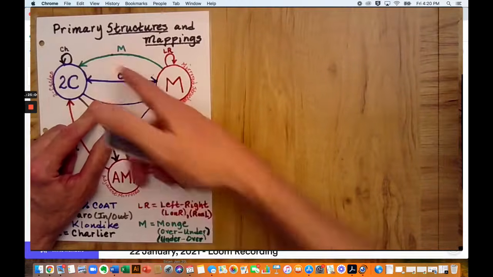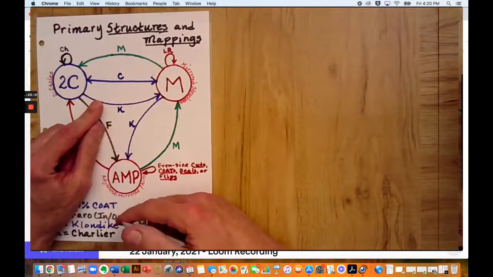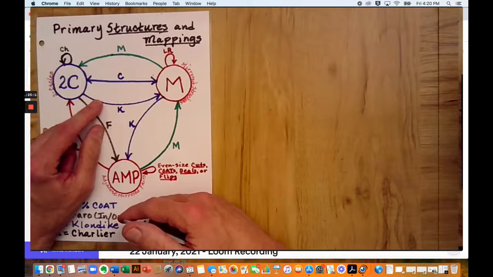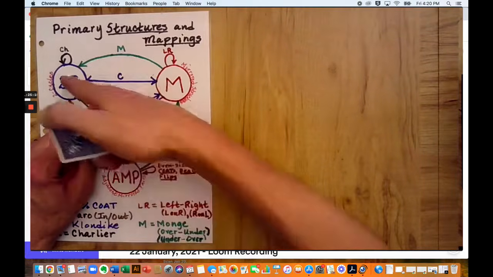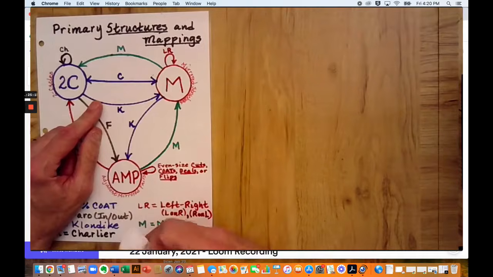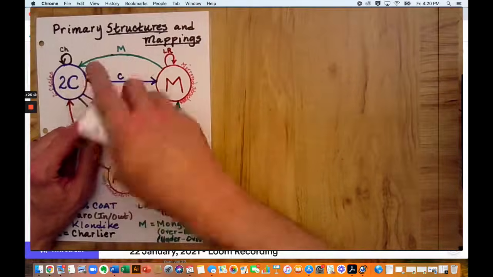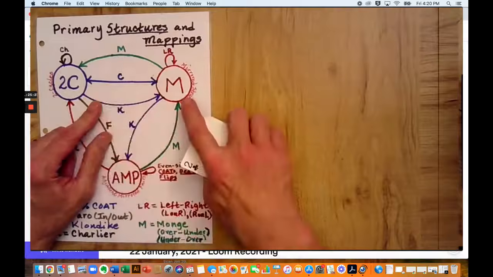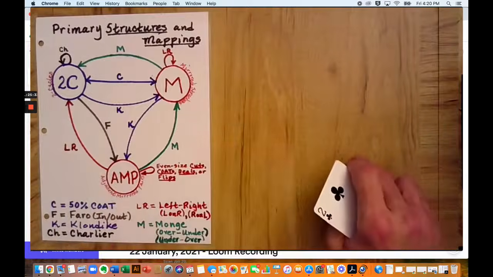What can happen is you don't necessarily get the exact order back, but you get the reversal of the packet. Well, guess what? All of these structures are unperturbed by reversing the cards. If you flip a 2-cycle, it's a 2-cycle. If I flip, meaning the top becomes the bottom and the bottom becomes the top.